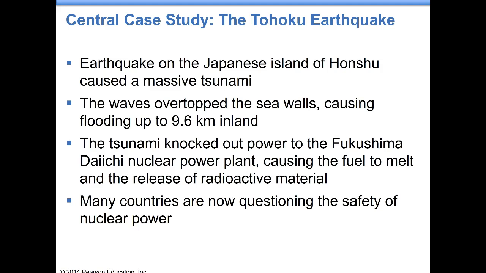It knocked the power out at the Fukushima Daiichi nuclear power plant. Big disaster there. They went days trying to stop extreme heating that was taking place in the reactors, and there was a lot of leaking of contaminated water. The fuel that was inside of these reactors actually melted, and it released radioactive material.